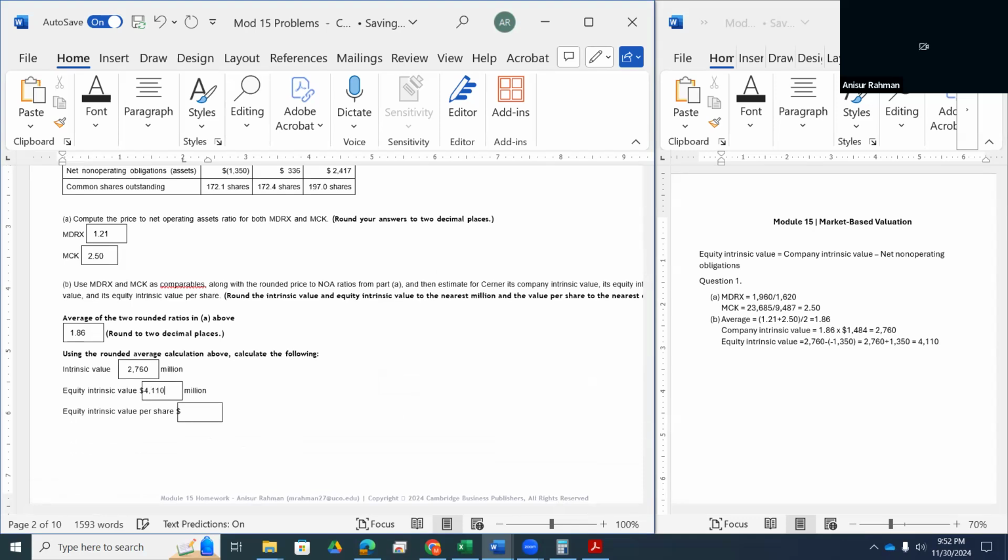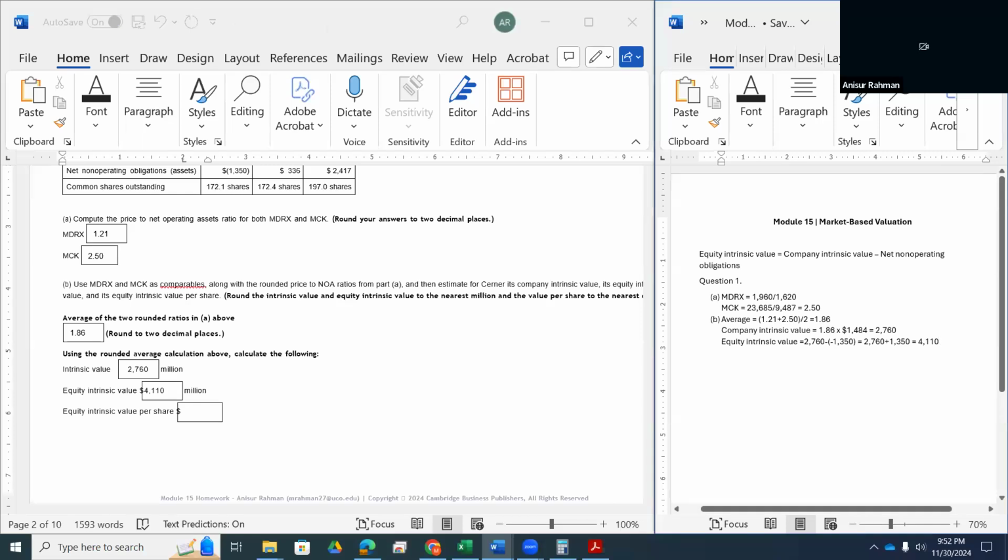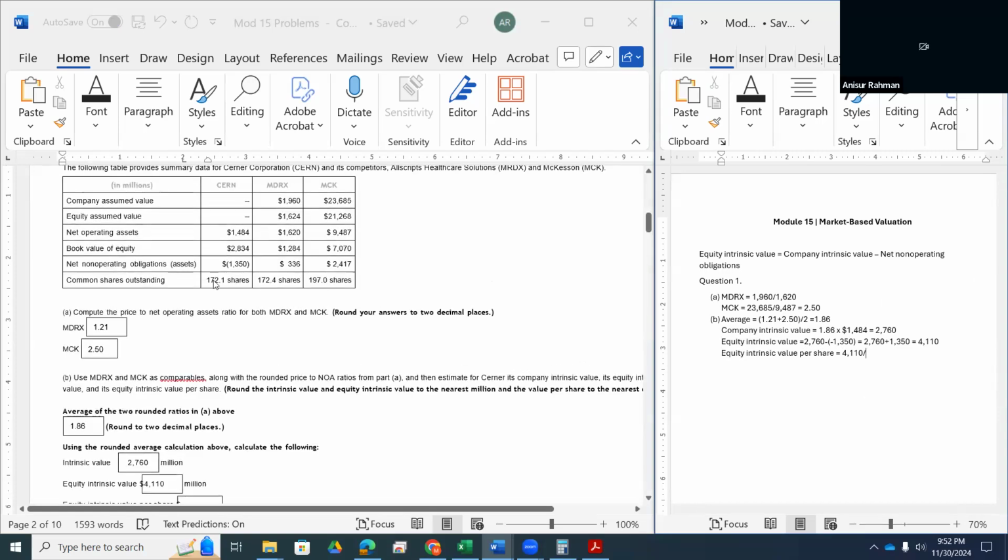Now equity intrinsic value per share. All we need to do is divide this by the number of shares. So this is in million, and our number of shares are also in millions.